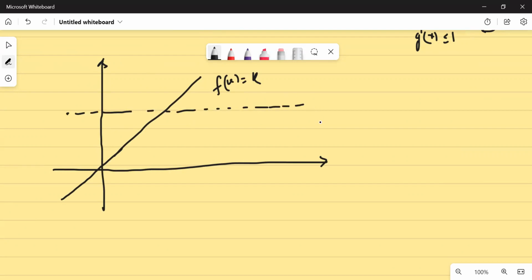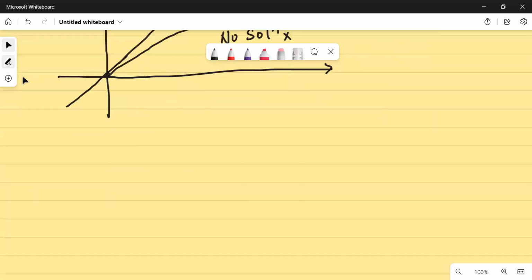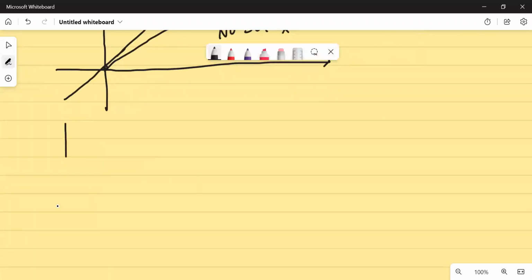If the slope of g(k), that is g'(k), is less than 1, then obviously this function will lie below the function f(k) equal to k, and there will be no solutions from here. So I will not find a bound state provided my g'(k) is less than 1. But if my g'(k)... and also understand my point.